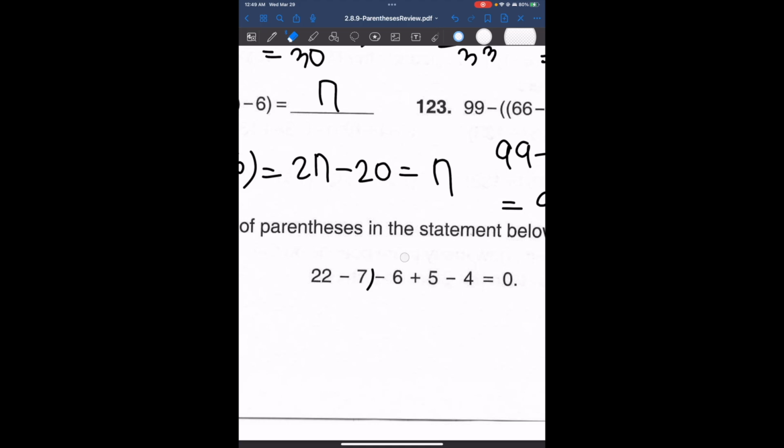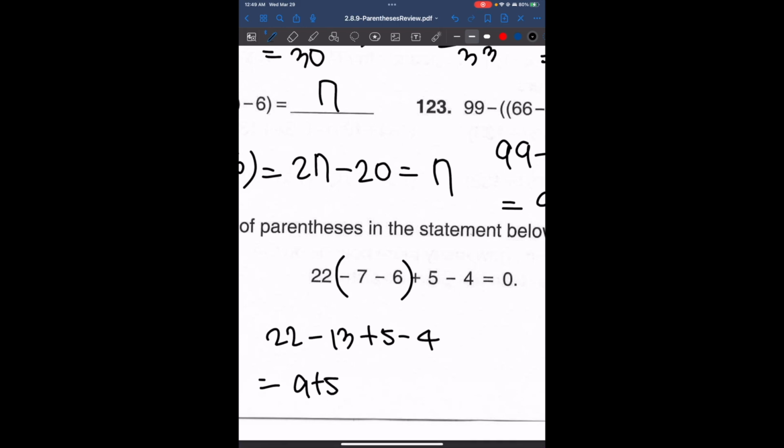Now if we group negative 7 and negative 6 together, we have 22 minus 13 plus 5 minus 4. And that gives us 22 minus 13 is 9, plus 5, and then minus 4 is going to be 10.